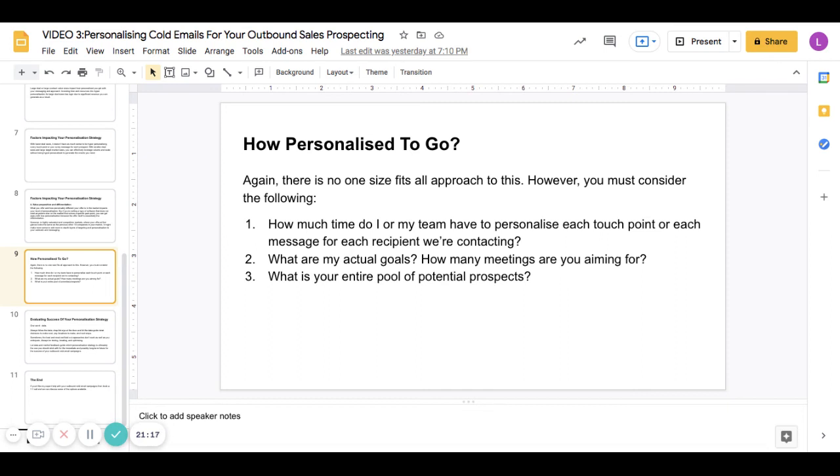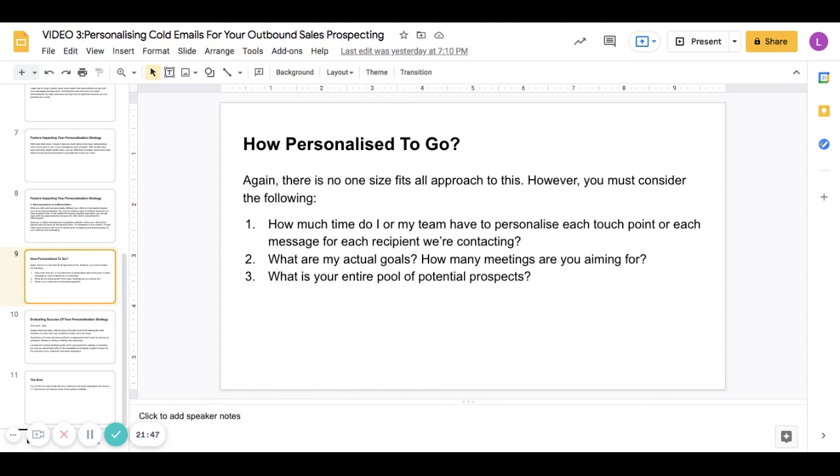So this is an important thing to think about, because the entire pool of potential prospects and accounts is going to play a big role in how personalized you go. In that example, if your entire target market size in the world is 3,000 prospects, it would make more sense to do fewer outreaches to make it more hyper-personalized. Then the cycle for reaching out to the entire pool becomes elongated.